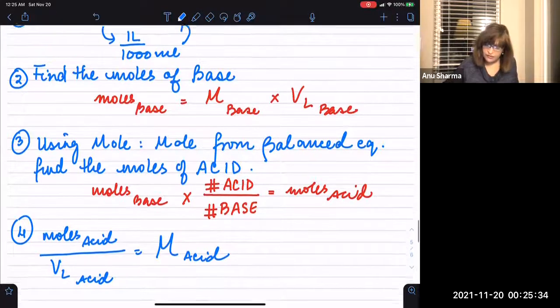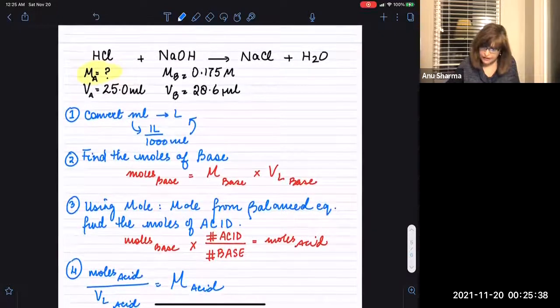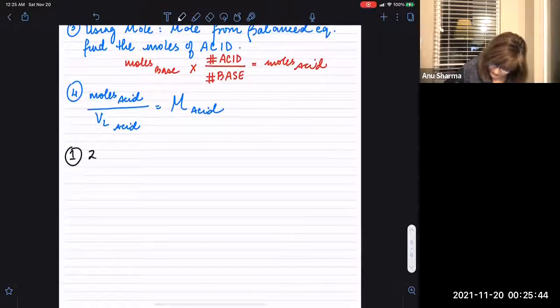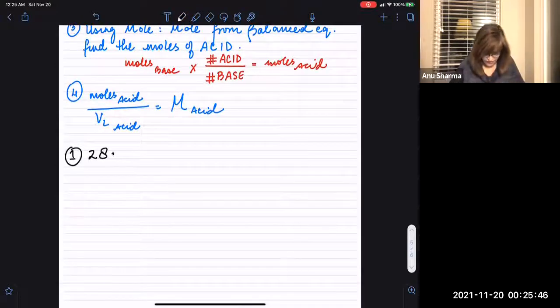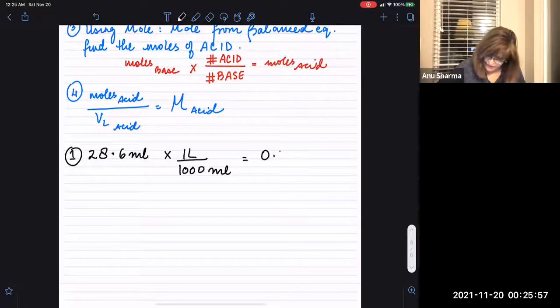Okay, so let's do this now. So first is 28.6 and 25. So let's do this first of all. First, 28.6 milliliters times 1 liter over 1000 milliliters, and that is 0.0286 liters.